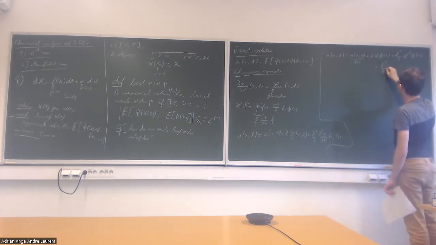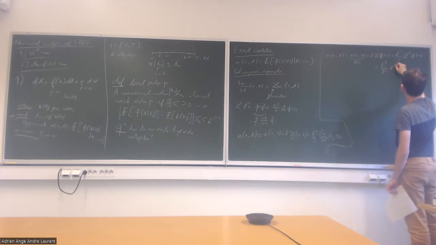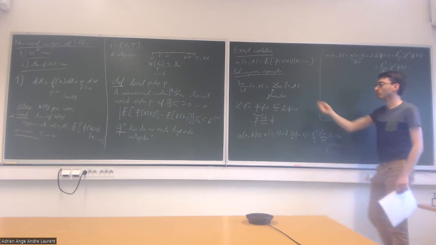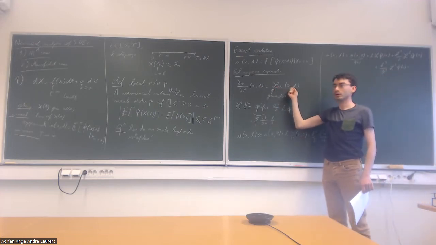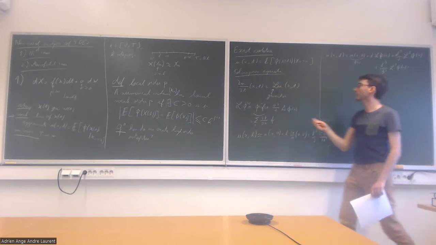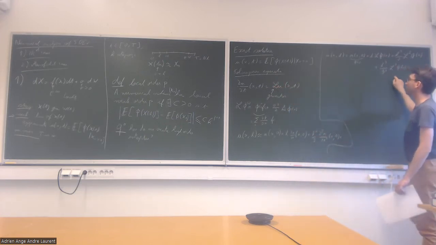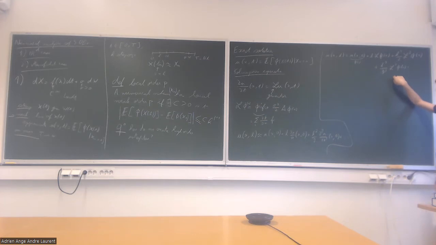It's just because the solution of this equation is exponential of tL times phi. So that's why we obtain the series of exponential of tL.